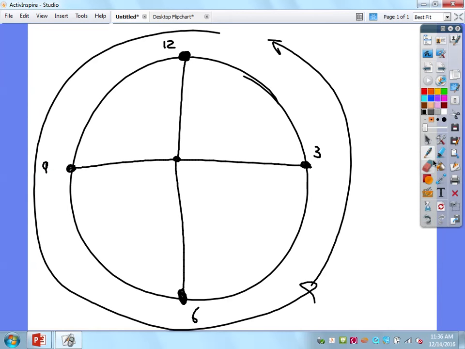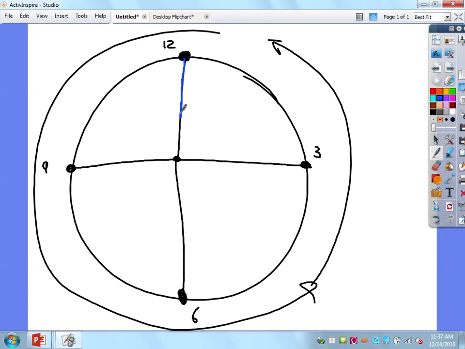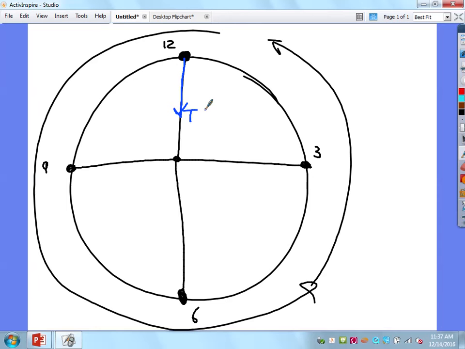So, let's start at the 12 o'clock position. What forces would be acting on this object? We're going to ignore friction or air resistance. Well, there's the rope, so the tension would be pulling it down. But also the weight of the object would be pointing down.